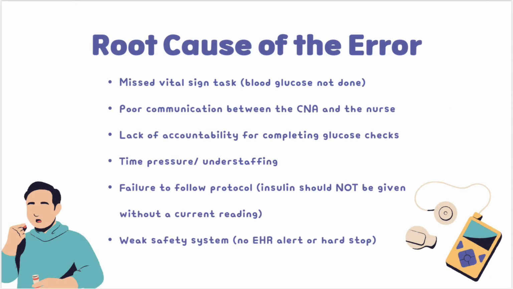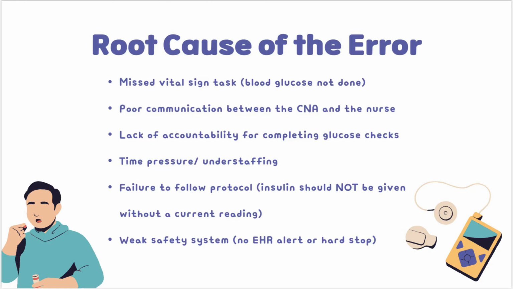There were several root causes that contributed to this error. First, there was a missing vital sign task, meaning the blood glucose check was not completed. There was also poor communication between the CNA and the nurse, which may have led to assumptions that the task was already done. There had been a lack of accountability for completing glucose checks, and time pressure or understaffing may have made it easier for this step to be overlooked.